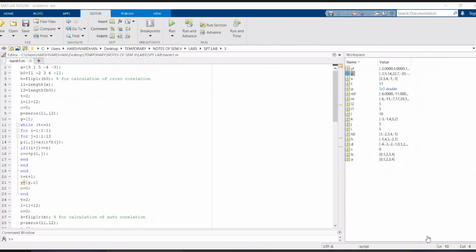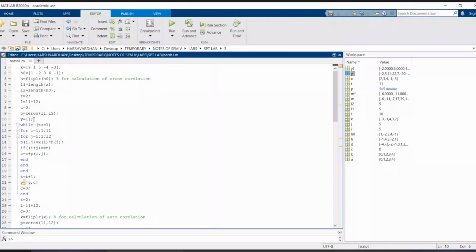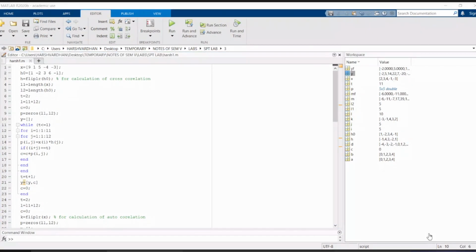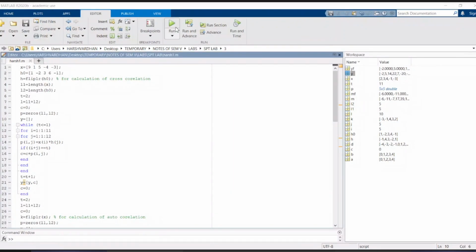Sir, which one, sir? That is at the 10th line. Sir, this one, sir, it's like a temporary storage, sir. Sir, it's like a null vector, sir. Null matrix. Okay. So is it working? What is the output? We just show. Yes, sir, I'll run it, sir.